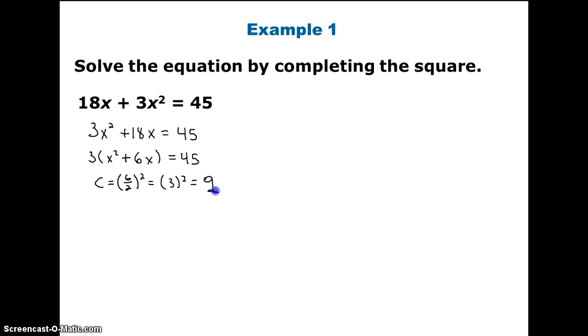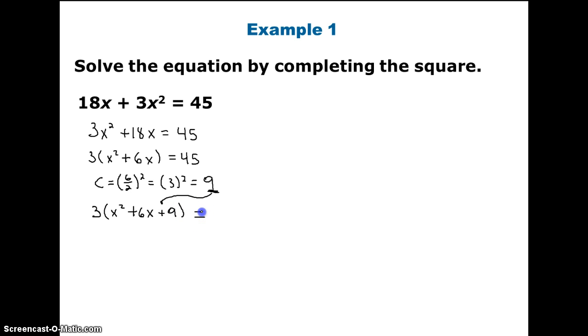This number, which is c, you add to both sides of the equation. So you bring down the 3 we factored out, the x squared, the 6x, and you add the 9. That's on the left side.